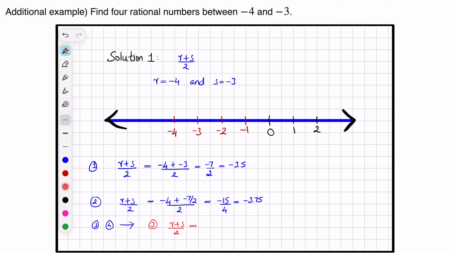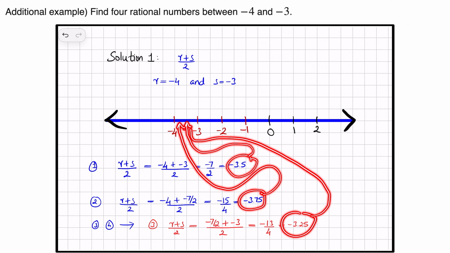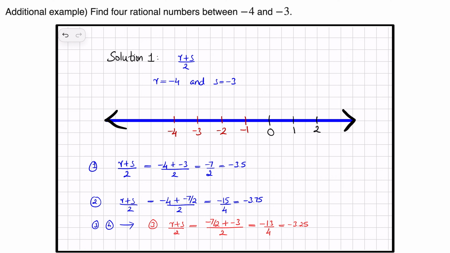So r is -7/2 plus s, which is -3, divided by 2, and you will get -13/4, which is -3.25. So -3.5 will come exactly between -3 and -4, -3.75 will come somewhere here, and -3.25 will come somewhere here. Similarly, you can find one more point. I'll leave it as a practice problem for all of you.